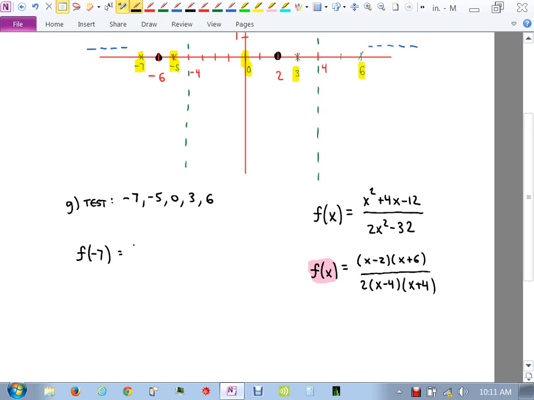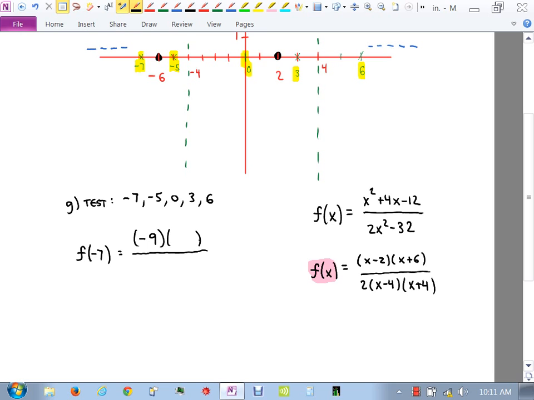The way you look at this, when you're looking at it in the factored form, you look at it like you have 1, 2, 3, 4 numbers you have to figure out, right? First one is this one, top left, x minus 2. What is -7 minus 2? -9. You're going to multiply that times whatever you get when you plug -7 in to the top right.